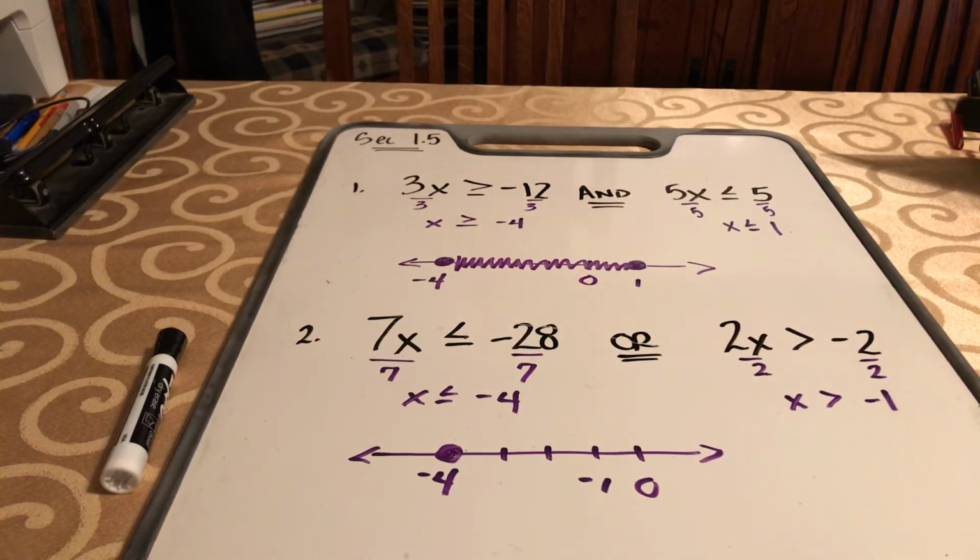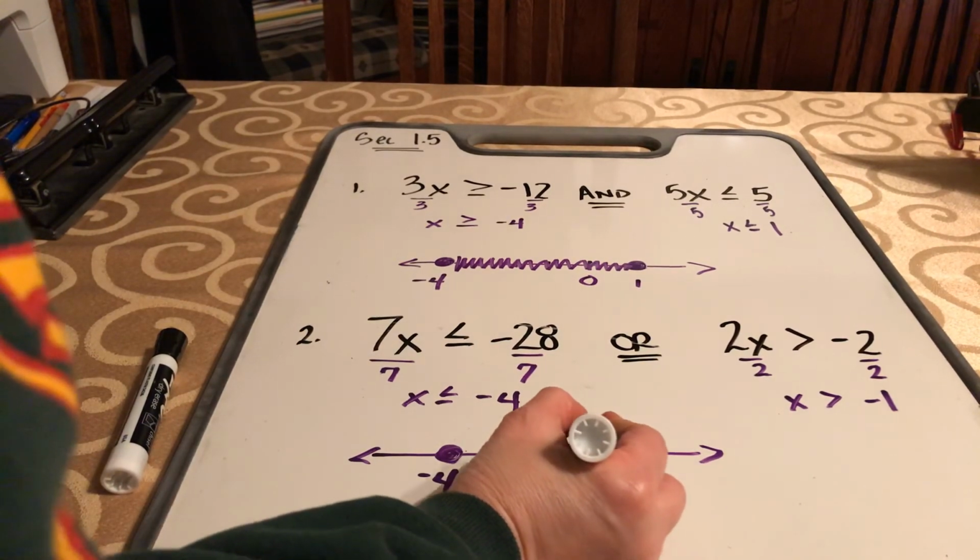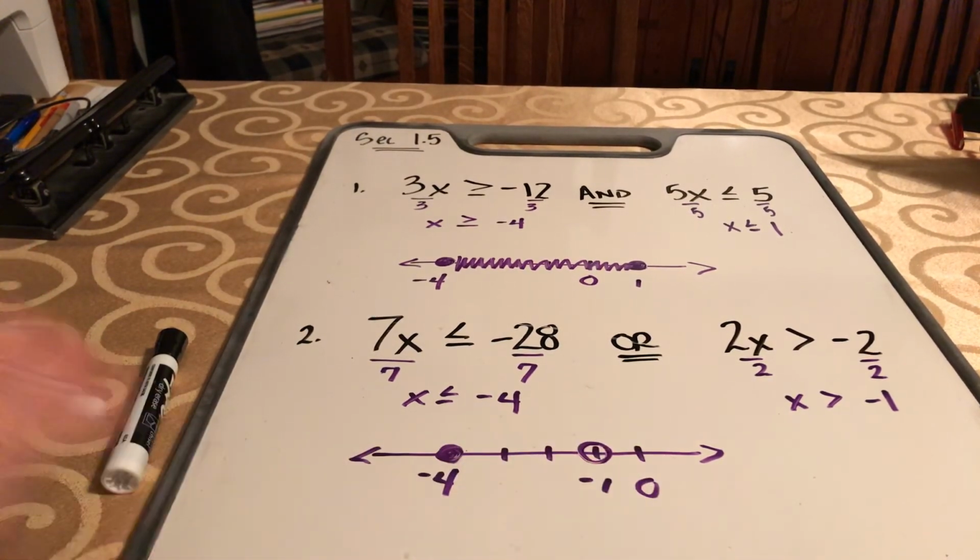On the other side, where it says x greater than negative 1, it does not say equal to. Since it just says greater, I have to have an open circle here. I can't use negative 1, but I can use anything greater than negative 1. That's what the open circle represents.